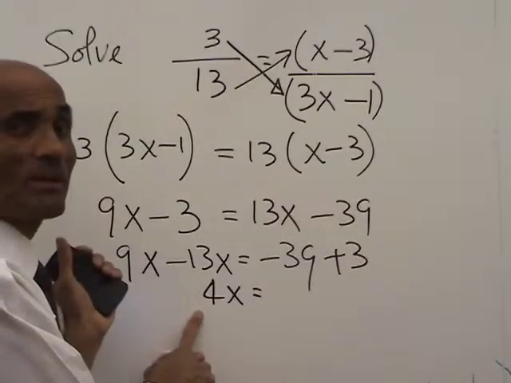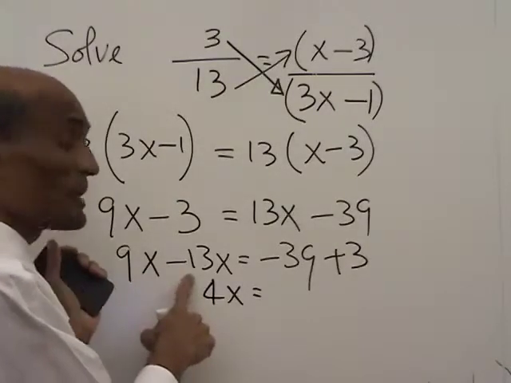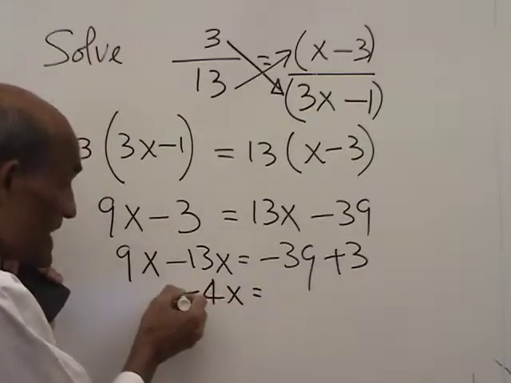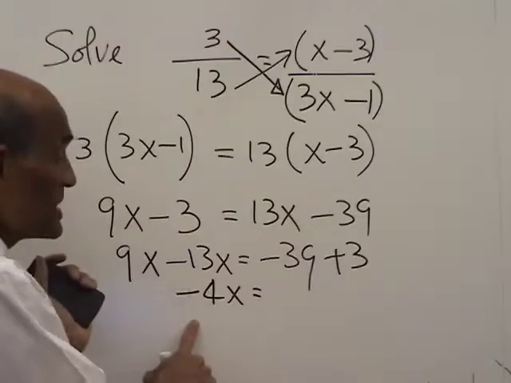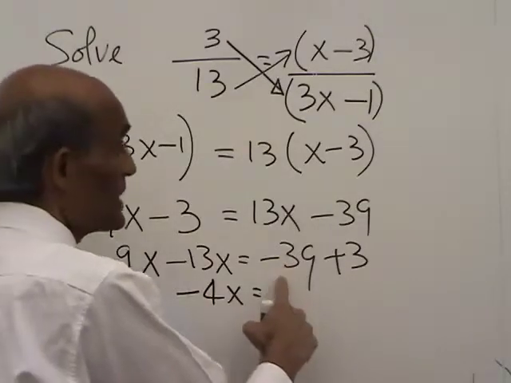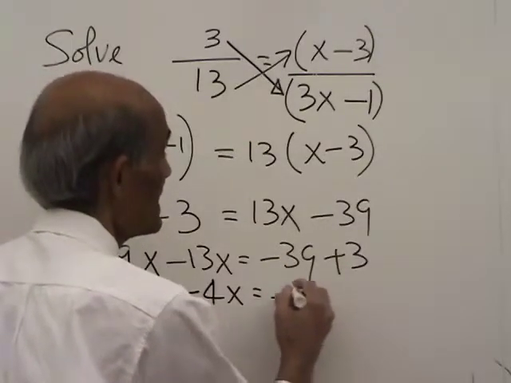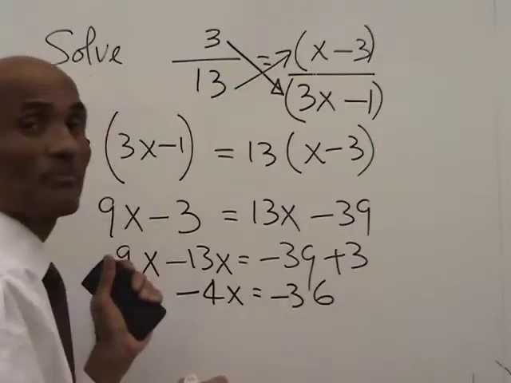Did you question me? 9x minus 13x is negative 4x. That's right, not 4x. Negative 4x equal to negative 39 plus 3 is negative 36.